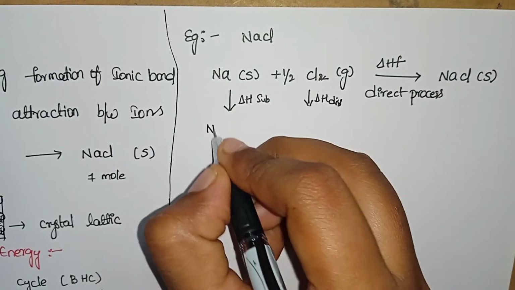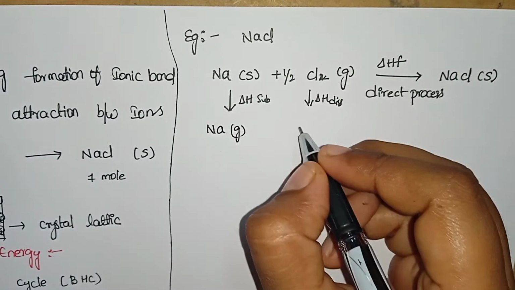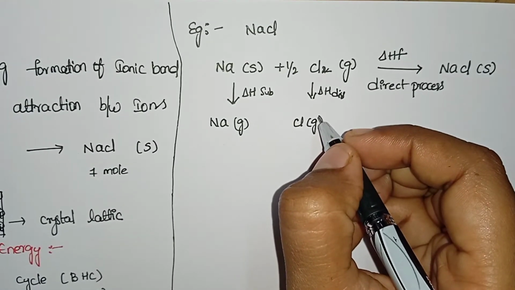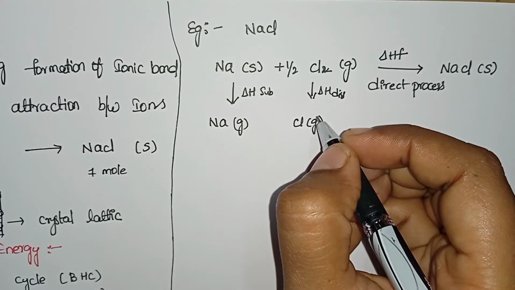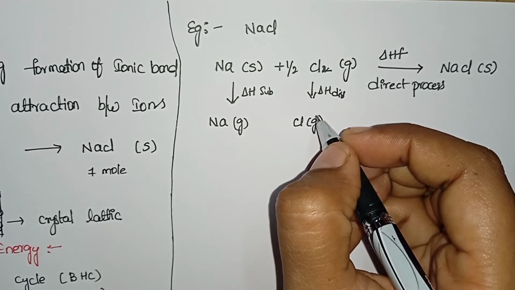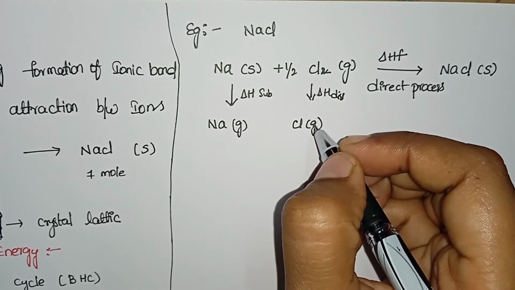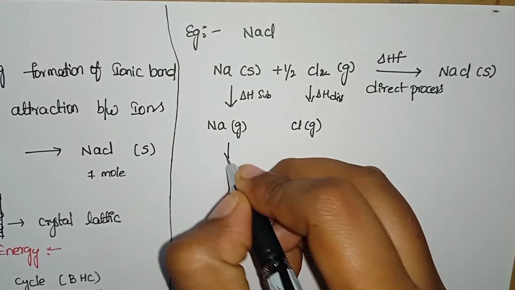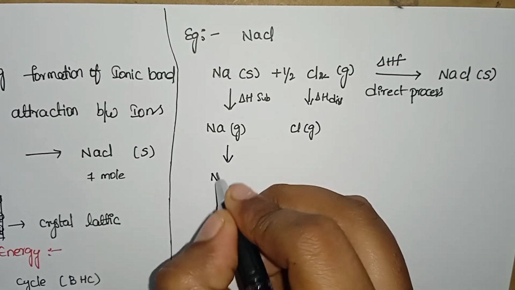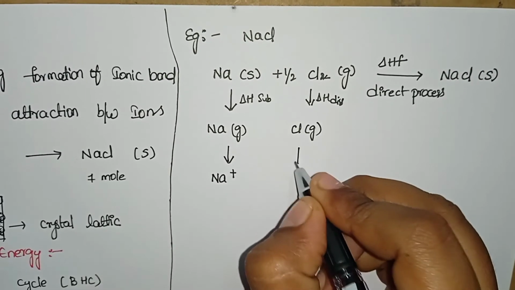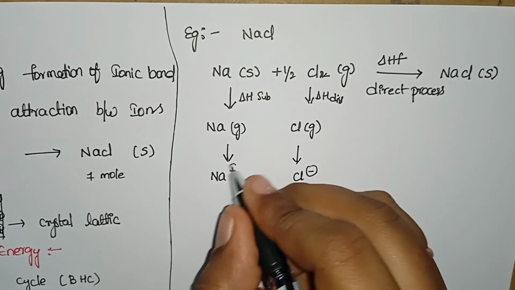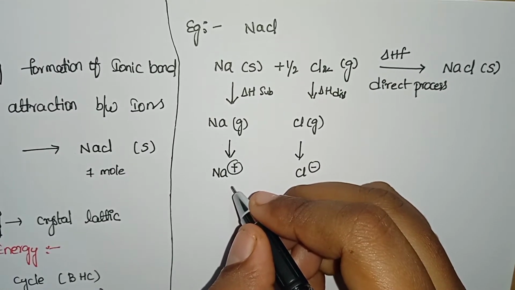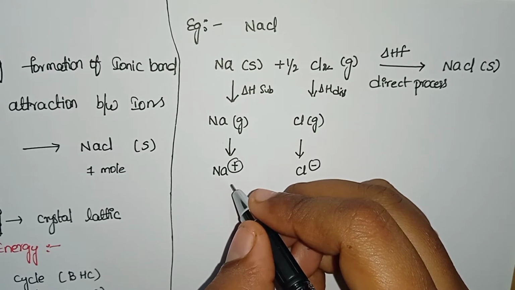The next step, conversion of gaseous atoms into gaseous ions, means both are gaseous but form ions, one cation and one anion. It forms Na plus and Cl minus. Okay, the third step, conversion of gaseous ions into crystal lattice of the ionic compound.